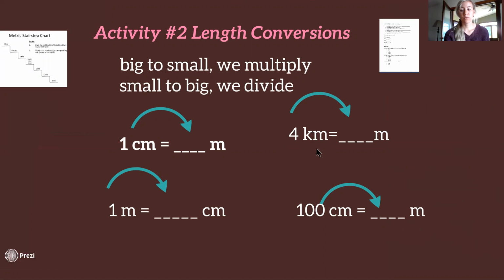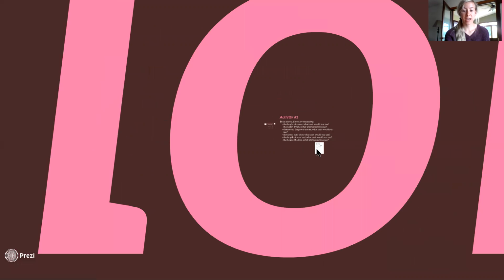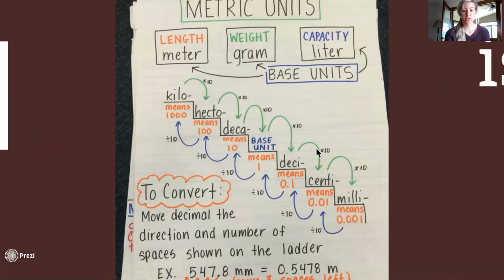Our next one we will do together is kilometers. So 4 kilometers equals how many meters? We have 4 kilometers. We have to find it in meters. So we have 1, 2, 3 decimal spots to the right.